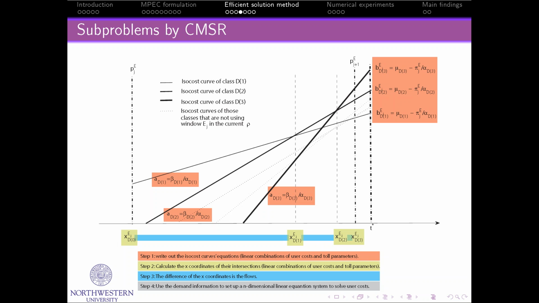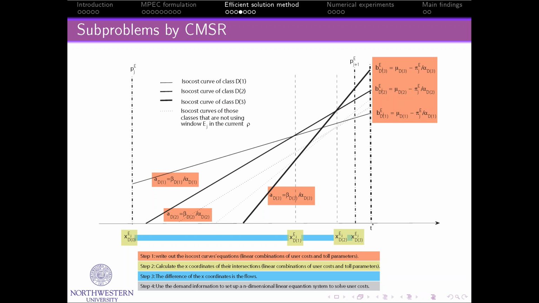And we have n classes, so we have n linear equations. Now we've set up an n-dimensional linear equation system to solve the user costs as the linear combination of parameters.